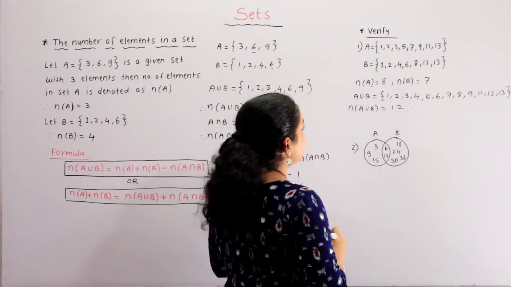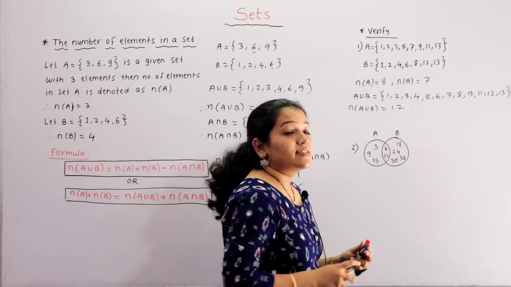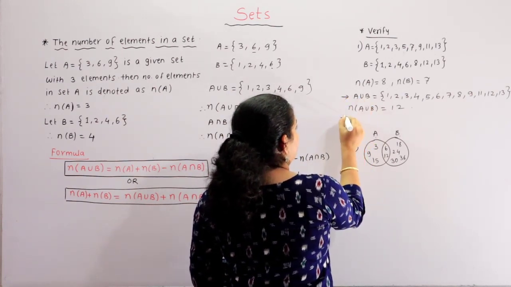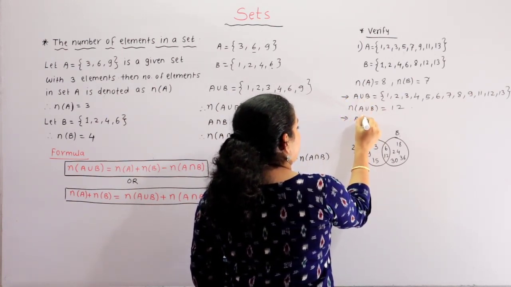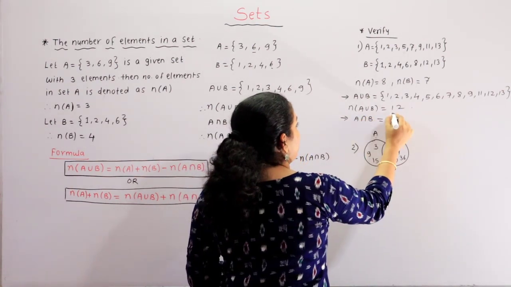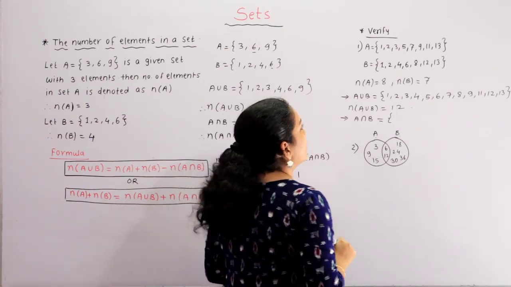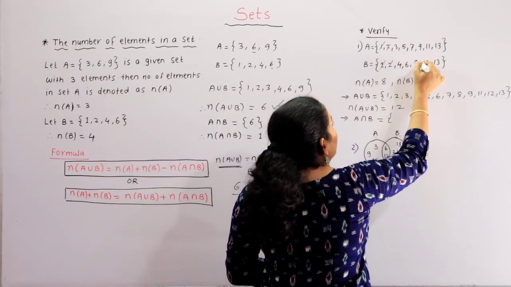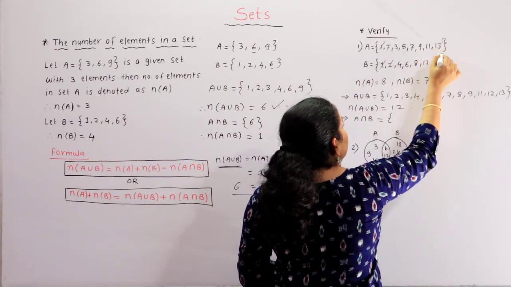Okay, now a intersection b. So first write the set of intersection. Remember the symbols of both. a intersection b means common elements. What is common? Let's cross mark. 1, 1, 2, 2, 3, 4, 5, 6, 7, 8, 9, nothing. 13, 13.